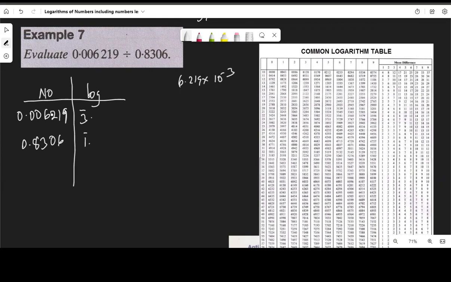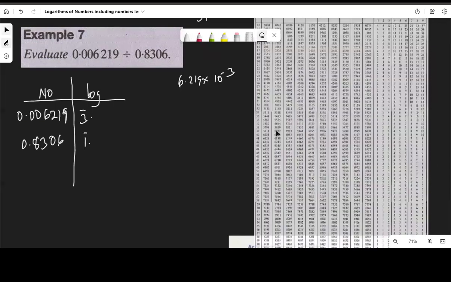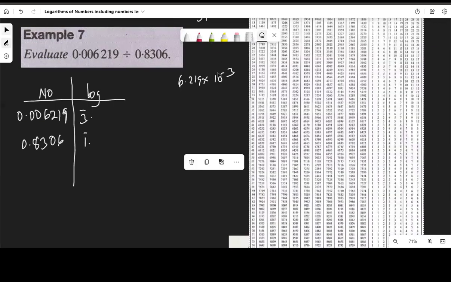So we look for the logarithm of 62 under 1, difference of 9. 62 under 1 is 7931.